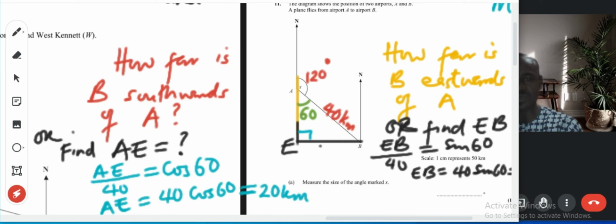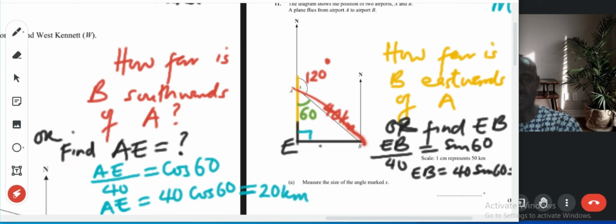Remember line AB is 40, and this angle is 60 degrees. How far B is southwards of A is simply asking you to find line AE, how far you move down due south, and then you will get to the plane of B. So how far B is southwards of A is the length of AE. So we have to find line AE.